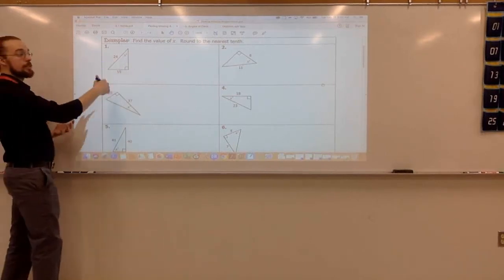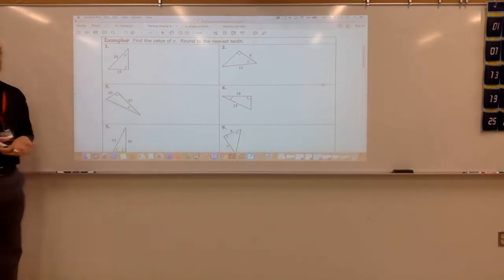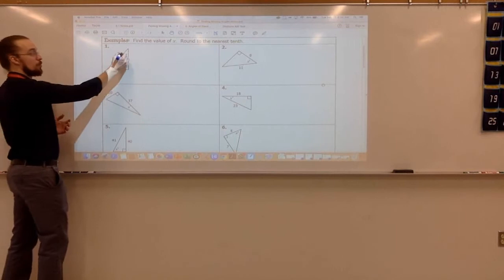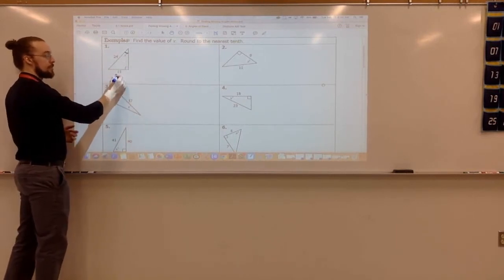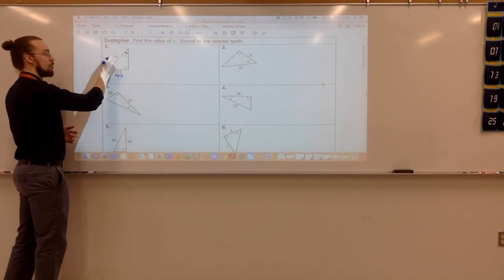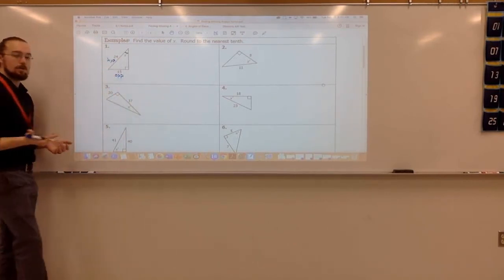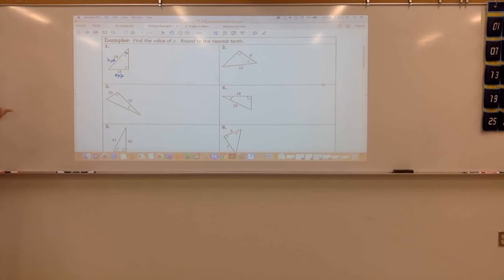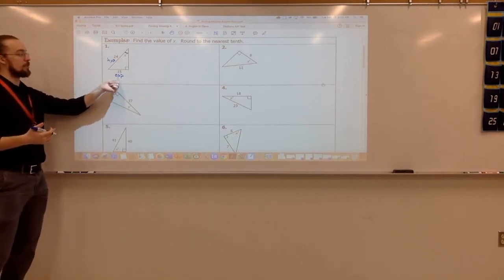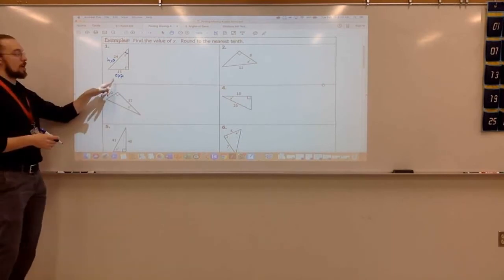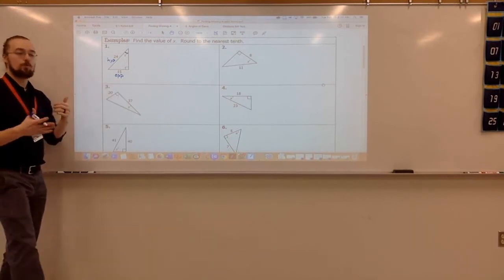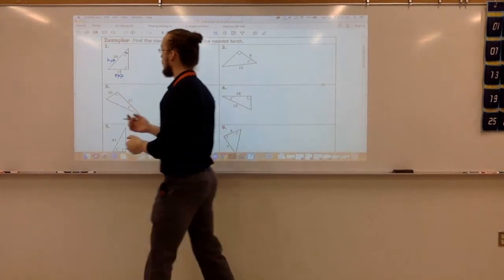In all of these cases, our angles are the variable, but we can still say, with respect to this angle, 15 is the opposite side, 24 is the hypotenuse. So, which trig function am I going to be dealing with if it's opposite and hypotenuse? Sine, right? Sine is opposite over hypotenuse.